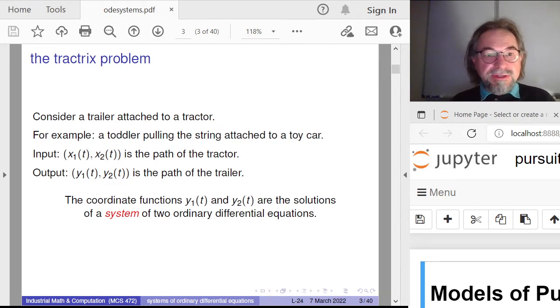Okay, so what is given? This will be a two-dimensional model, so we are thinking in the plane. We know the path of the tractor, and we want to compute the path of the trailer. It's important here that we have functions of time, but we will draw a curve in the plane.